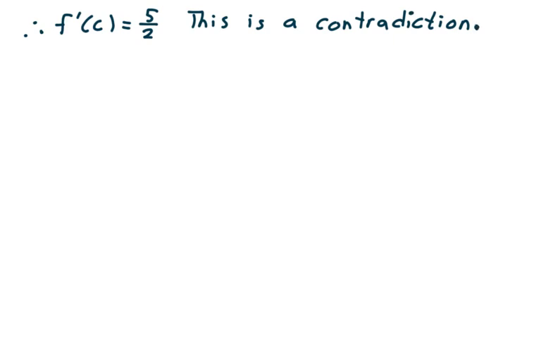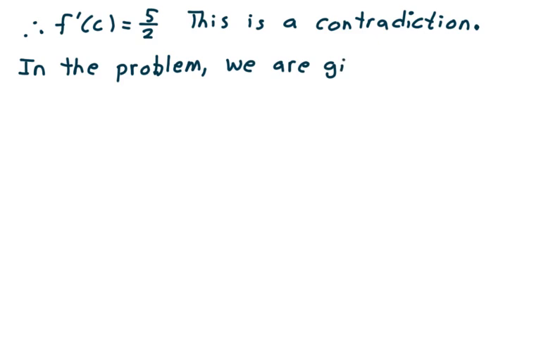Why is that a problem? Because in the problem, we are given f prime of x is less than or equal to 2 for all x.